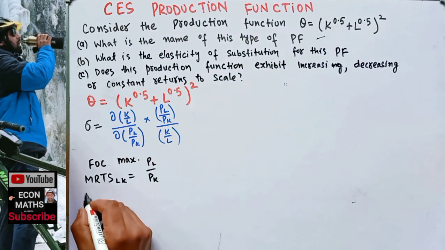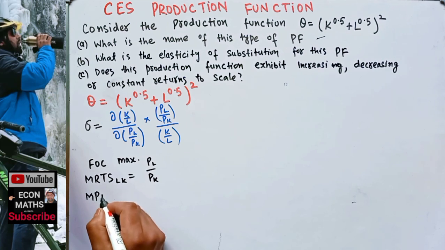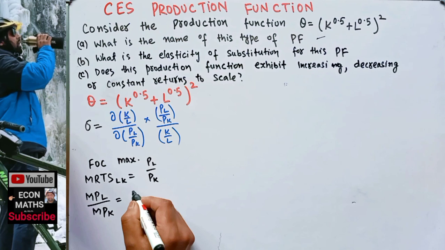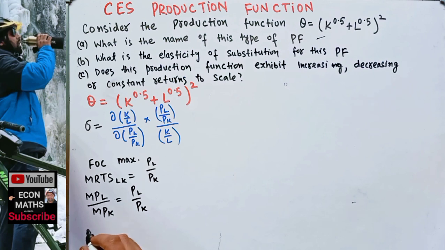MRTS simply means marginal product of labor upon marginal product of capital should be equal to price of labor upon price of capital. Okay, now what is MPL? MPL is simply the partial derivative of production function with respect to labor.